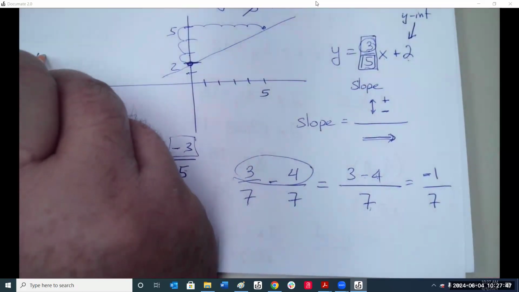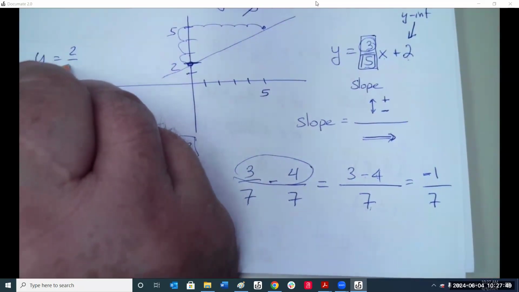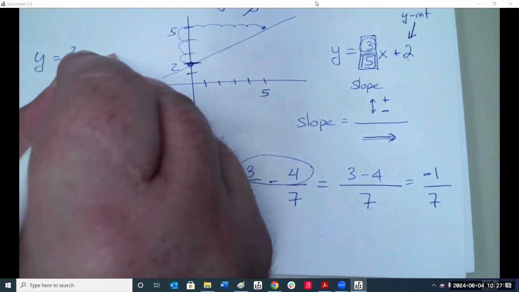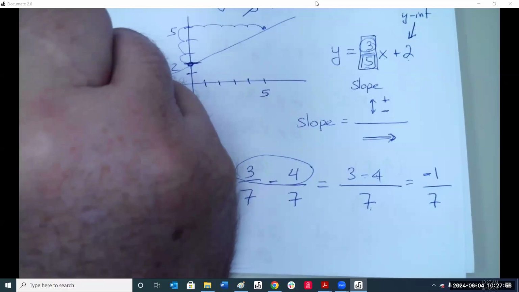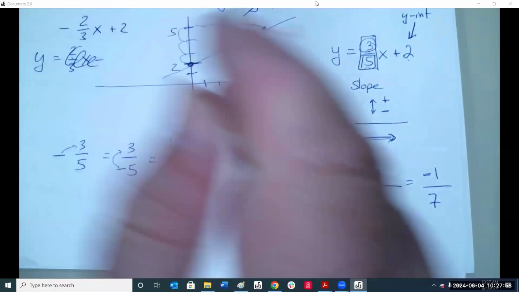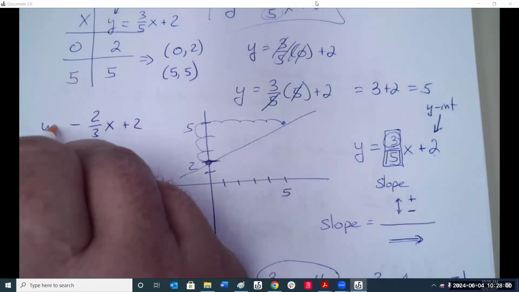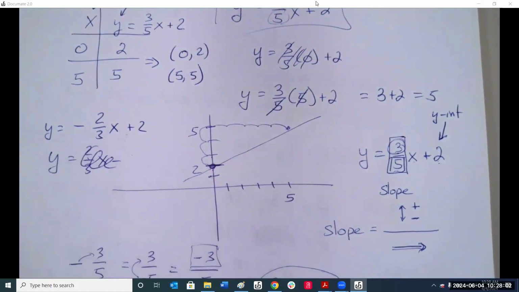Why is that important? Because what if we had this equation? All right. What if we had that equation? How would you graph that?